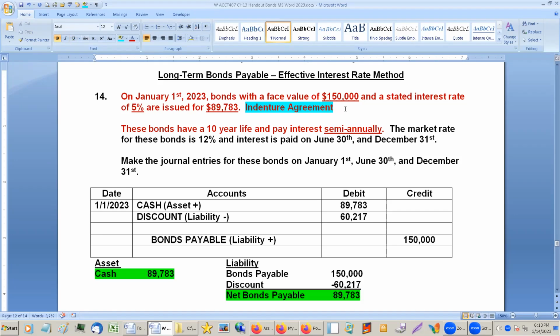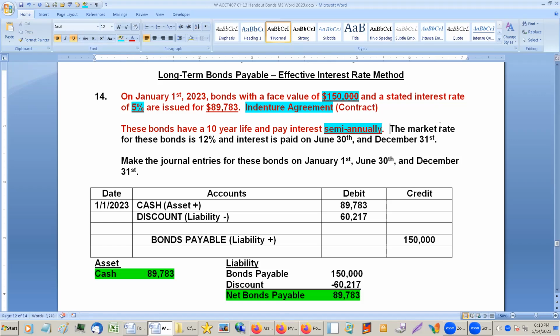So this is the indenture agreement, the contract that is on those bonds. So our cash payout by this agreement is going to be 150,000 at 5%, paid semi-annually. That is what's written on these bonds, and that's what we're going to pay.